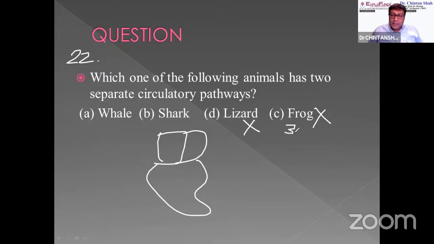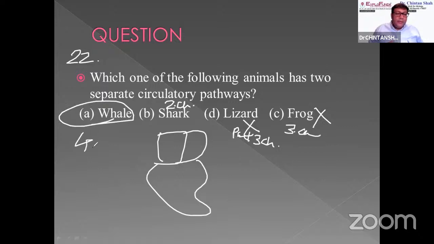That is a three-chambered heart, partially three-chambered. And this is a two-chambered heart. And this is the whale, which has a four-chambered heart. So indirectly, I was asking which one of these is a mammal having a four-chambered heart, and that's why there are two separate circulatory pathways. So this is what I believe.